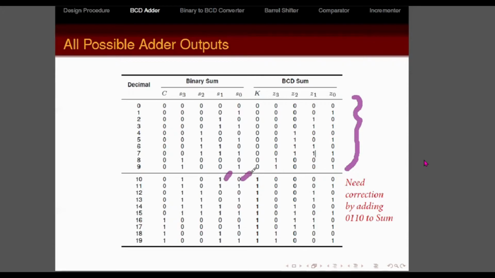So 10 is now invalid BCD. Therefore, you add 6. So from this area, you need to add 6 to the numbers here, so you can get the function. For example, 1010 is interpreted as 10.